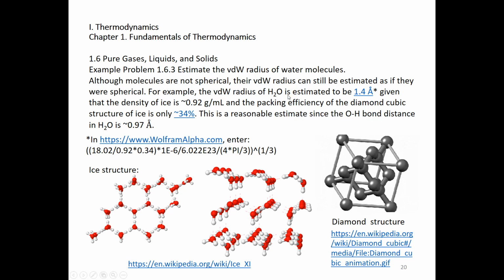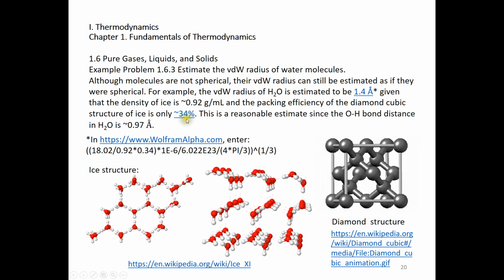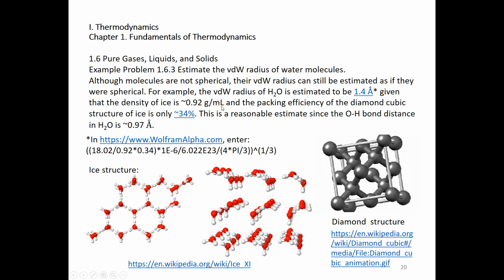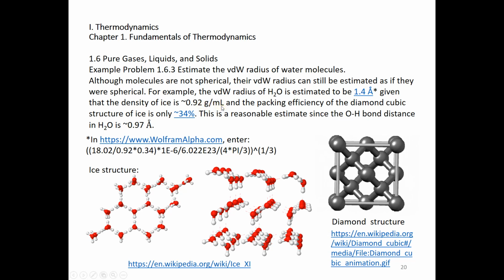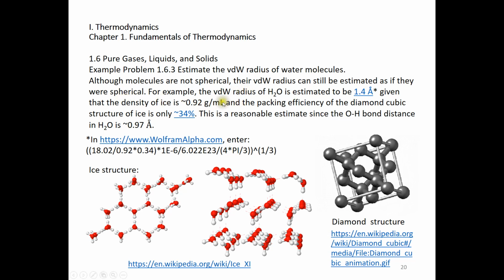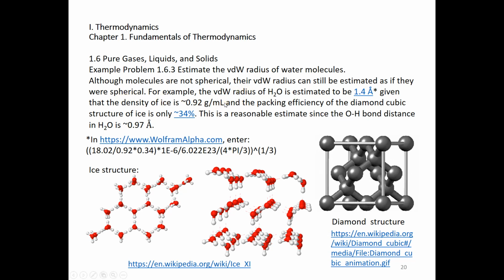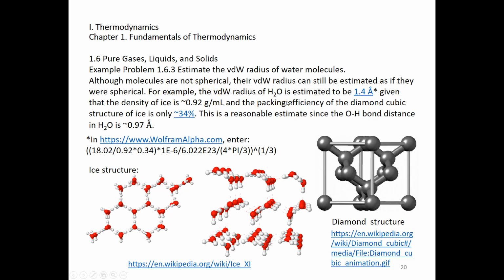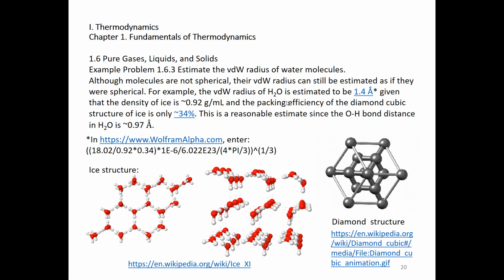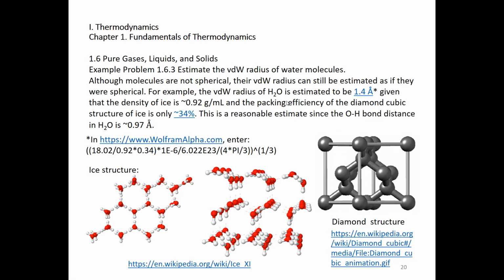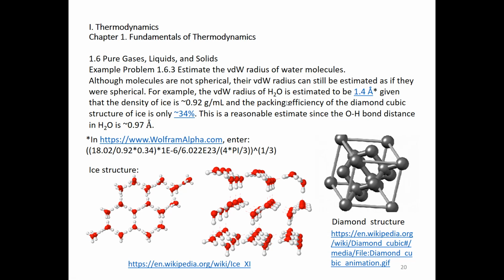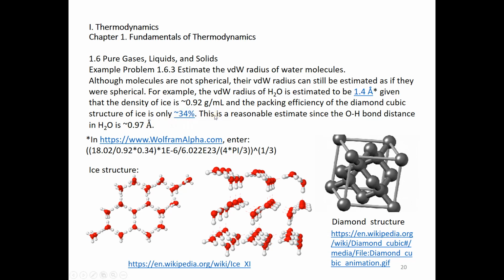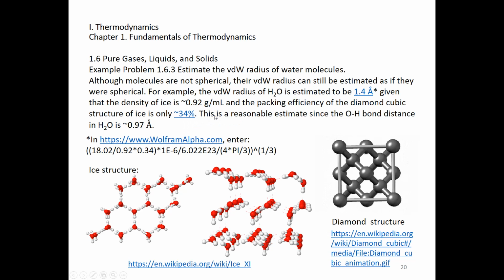Again, it's pretty simple. If we know the density of ice is 0.92 gram per milliliter, and we know the molar mass of water is 18 grams per mole. From these two pieces of data, we can get the molar volume of water. It's roughly 20 milliliters. And then 20 milliliters for 1 mole water molecule multiplied by this 34%, we get 6.8 milliliters.